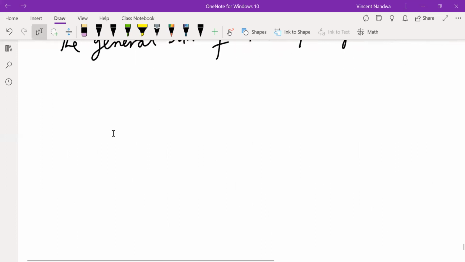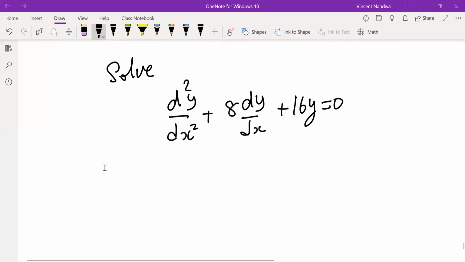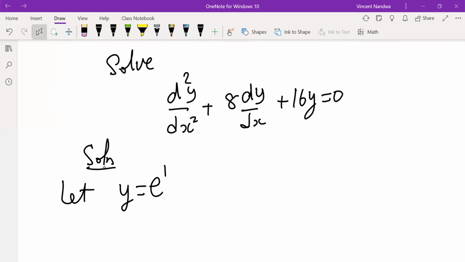Lastly, solve d²y/dx² plus 8 dy/dx plus 16y equals 0. Now, solution: let y equals e^(rx) be the solution.